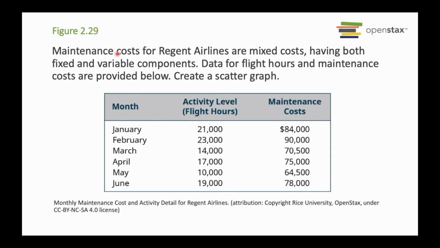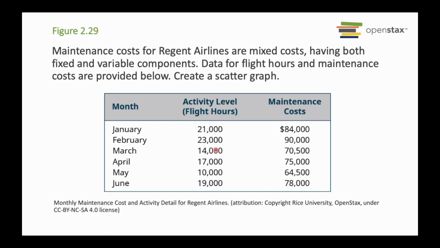Let us look at this example. What we have here is information relating to an airline: the flight hours, which is in effect X in the formula Y equals A plus BX, because flight hours represent the number of units, and maintenance cost is the total cost. So we want to now use the scatter graph approach to break this maintenance cost down into the fixed and variable cost.